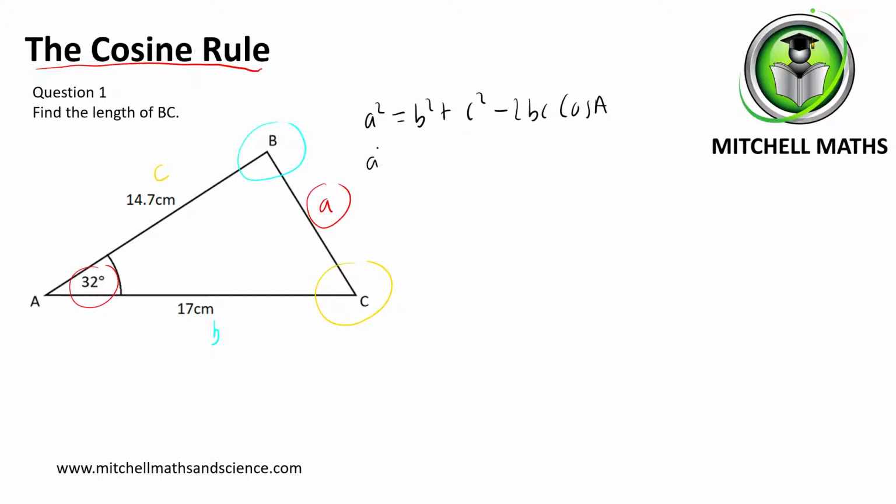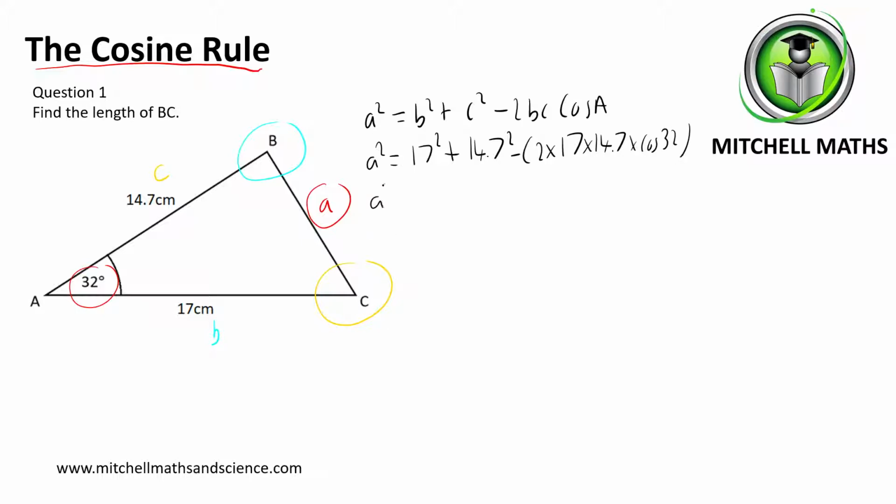And now it's just a case of plugging the numbers in. So b is 17, so I have a squared equals 17 squared plus c squared, which is 14.7 squared, minus 2 times b, which is 17, times 14.7 times cos 32.